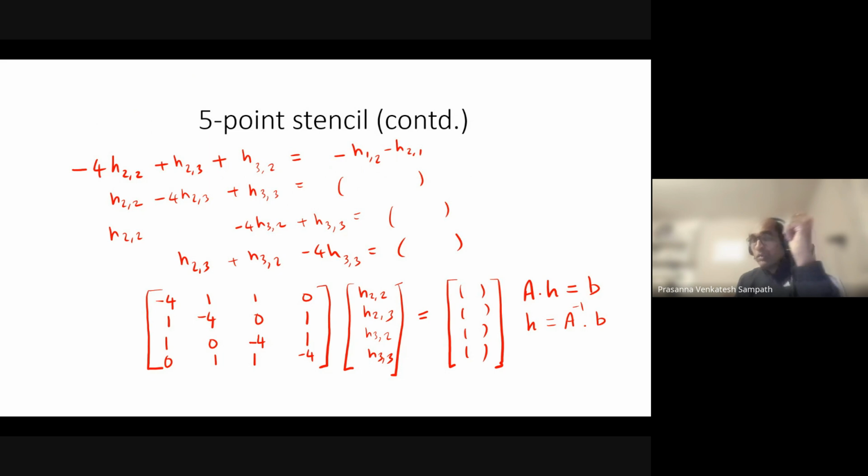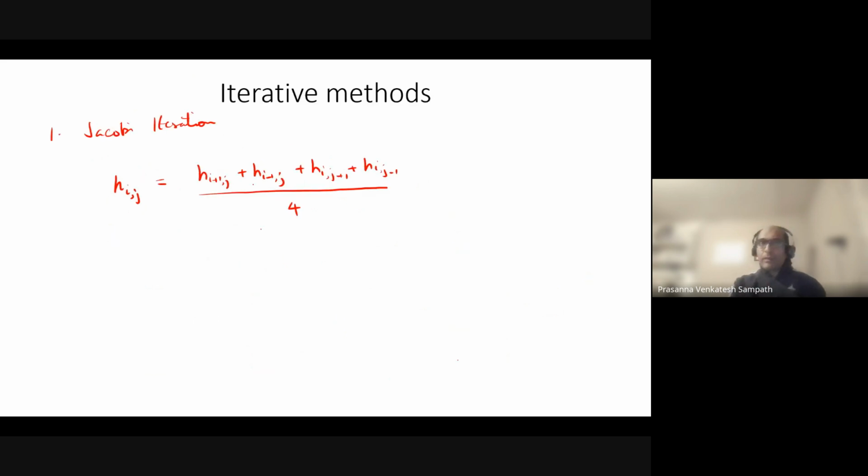But if you want to invert a 100 by 100 matrix or a 1000 by 1000 matrix or a million by million matrix for that matter, it becomes very challenging. It takes a lot of time because so many computations are involved. So it might not always be easy, which is where these iterative methods come into being.